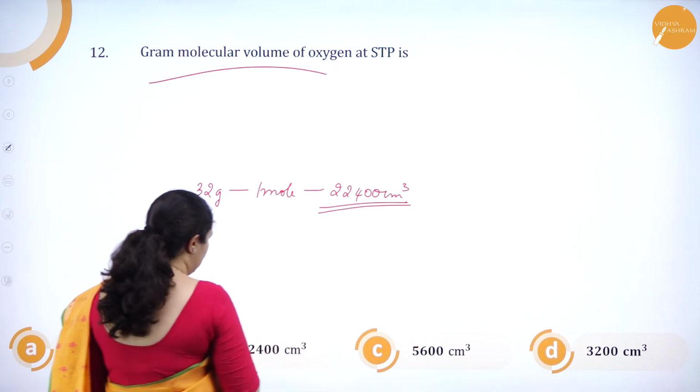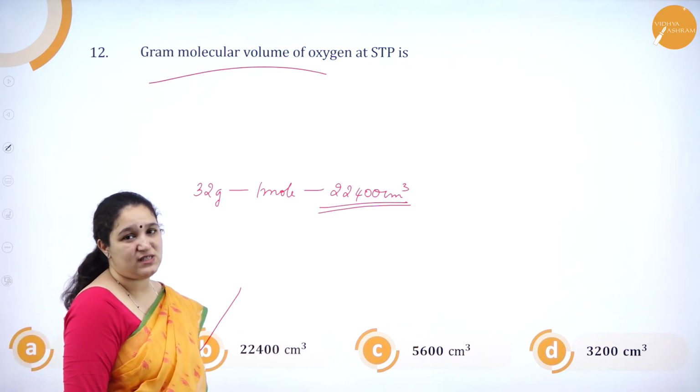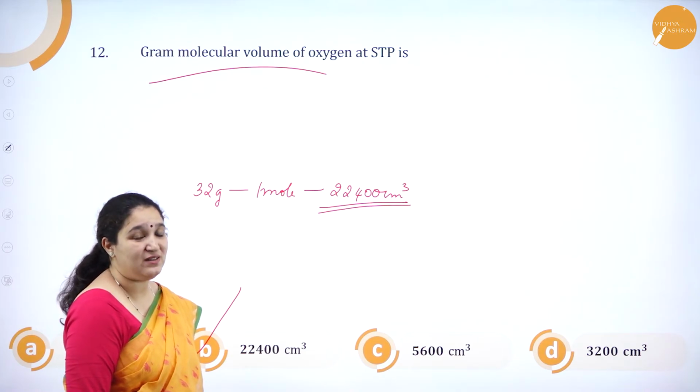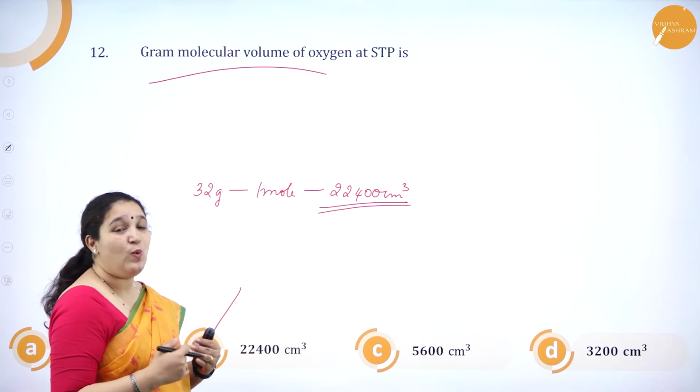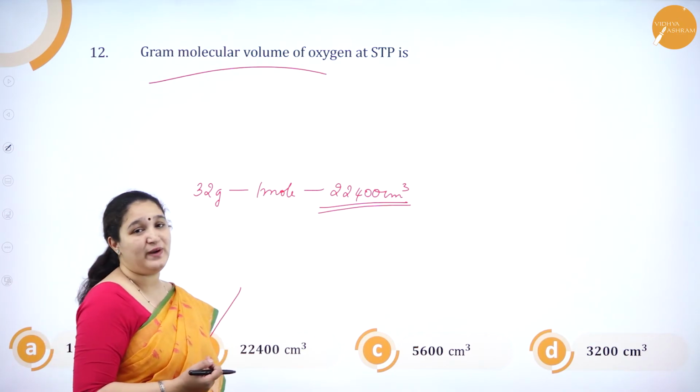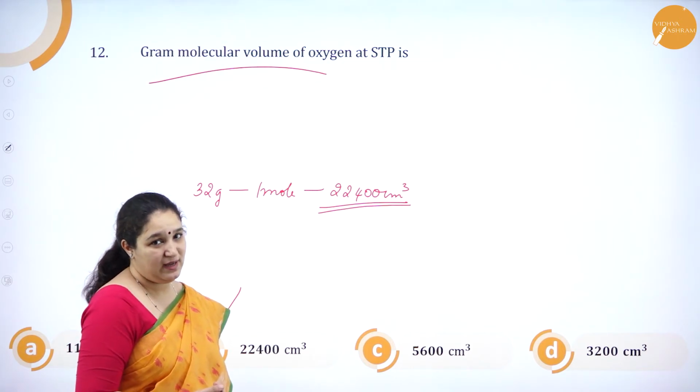STP. Now, as this question is from 2007, it is 22,400 cm cube because at STP, pressure at that time was considered standard as 1 atmosphere. At present, we are considering it as 1 bar and the value has changed to 22,700. So here you have to be a little careful.